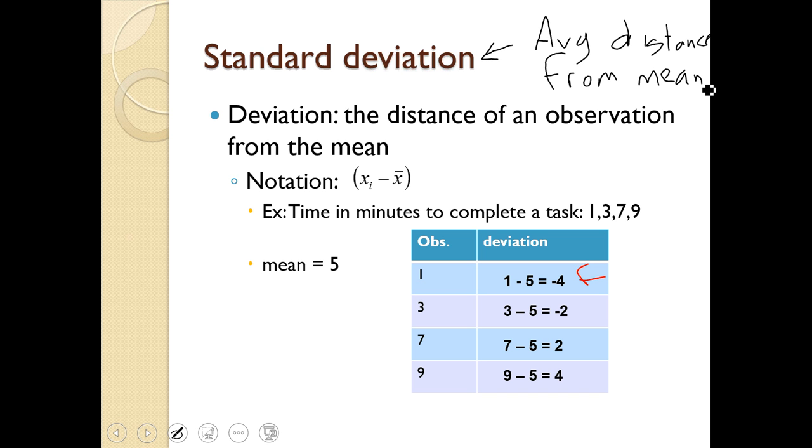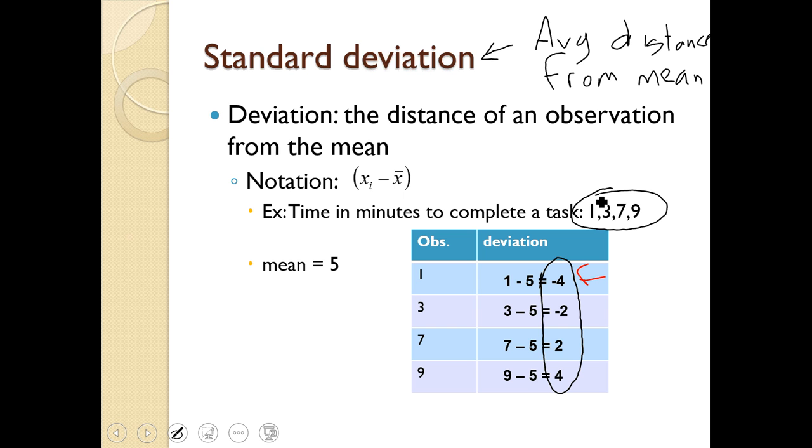To take an average, we have to add all those things up. Negative 4 plus negative 2 plus 2 plus 4 is 0. If we average that distance, we have 0 divided by 4, which wouldn't tell us anything, because obviously the average distance of each of these values from 5 is not 0.